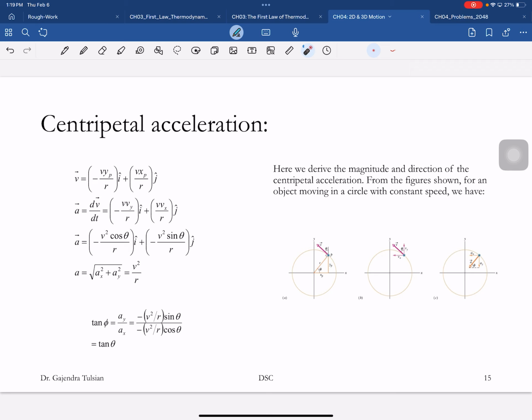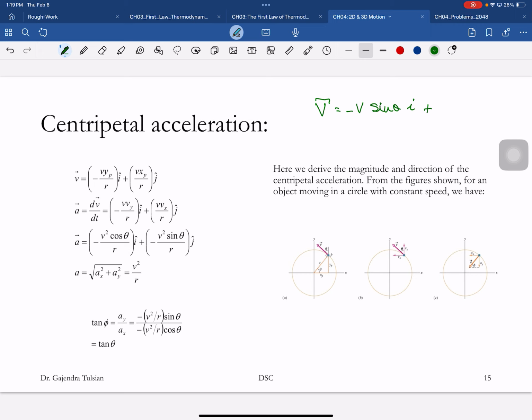So we're going to write the velocity in terms of its x and y components. The x component of the velocity is v sine theta, and it's in the negative direction, so negative v sine theta i.